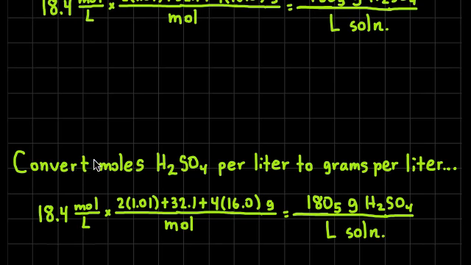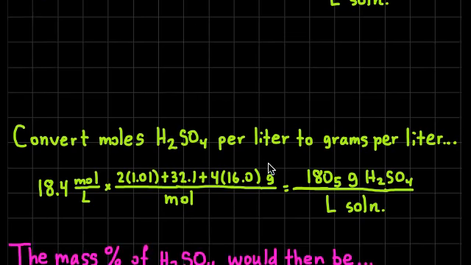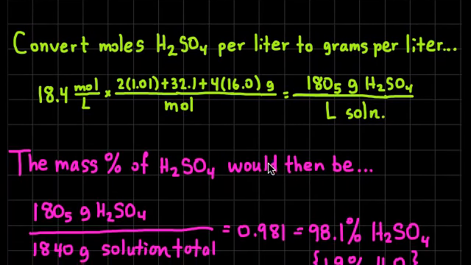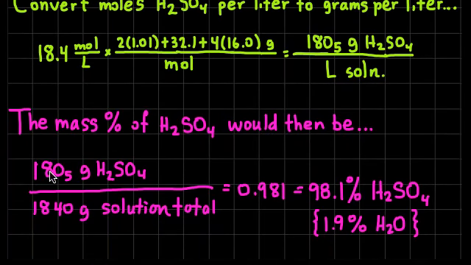Again, converting moles of H2SO4 per liter gives me the same result I had above. So the mass percent would be 1,805 grams of H2SO4 containing 1,840 grams of solution altogether to give me about 98% sulfuric acid.